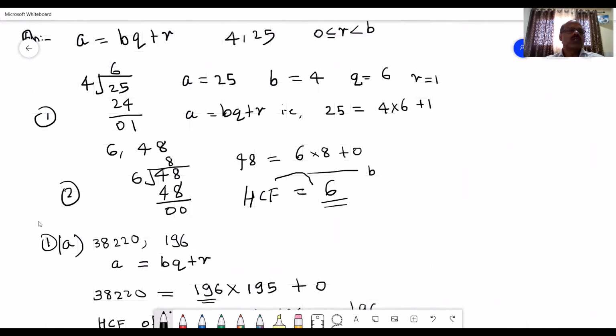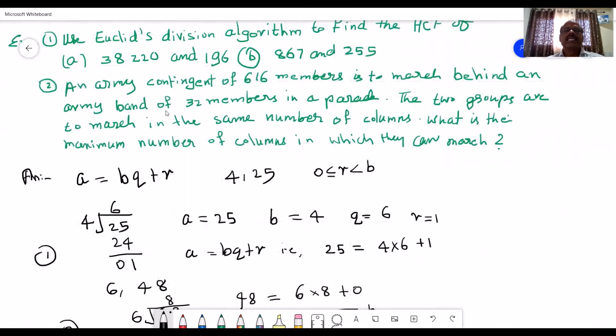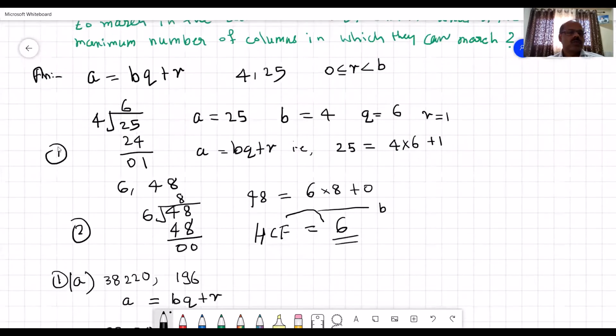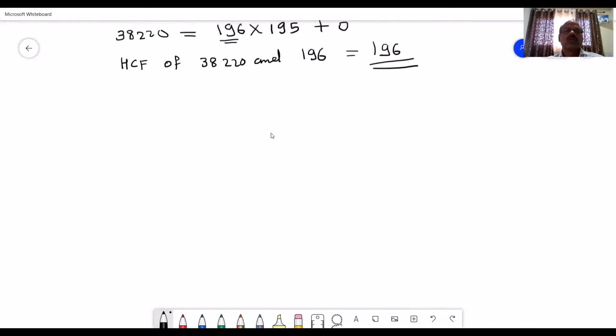Next part of this question is 867 and 255. Second part is question number 1B, 867 and 255.